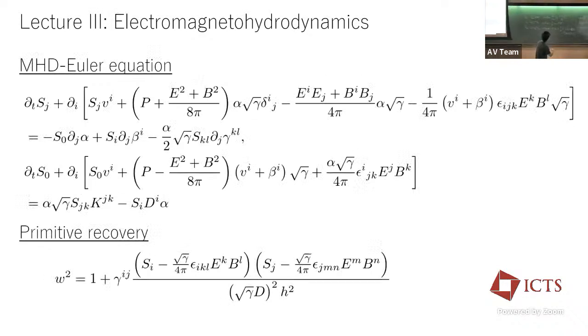Okay, let's go back to the momentum flux and energy flux. So here's the expression for the momentum flux in general.